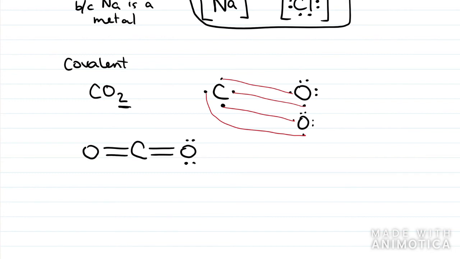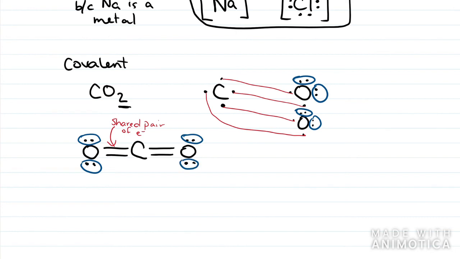So each pair of electrons that are being shared is represented by one of these lines. At the same time, we can't forget about these guys, which is why you see me putting them on the top and the bottom of the oxygen.